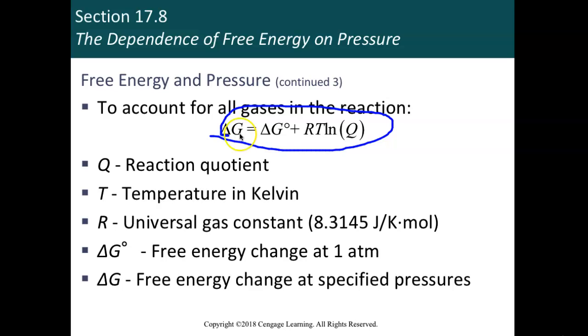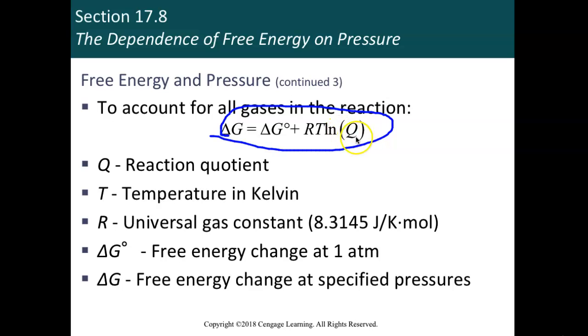So delta G is equal to delta G standard. We talked about how to calculate delta G standard. You can use that summation if you know T or if you know delta S and delta H. There's a number of different ways, but we did several problems calculating delta G standard.